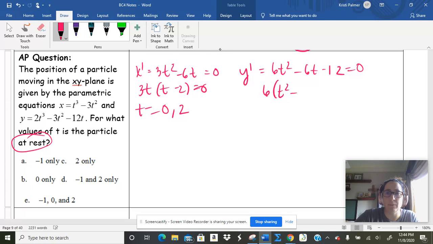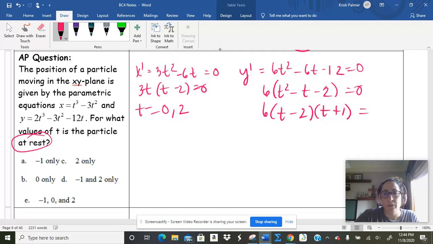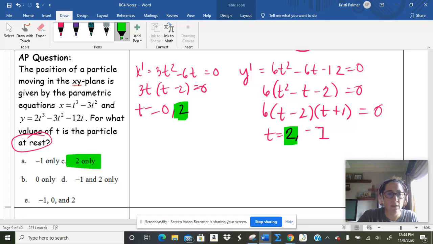Factor out a 6 here, make my life a little bit easier. Please, please, please do not just write what I write. If you need practice factoring, you do that. So I get 2 and -1. So the only place where they are the same is 2 only.